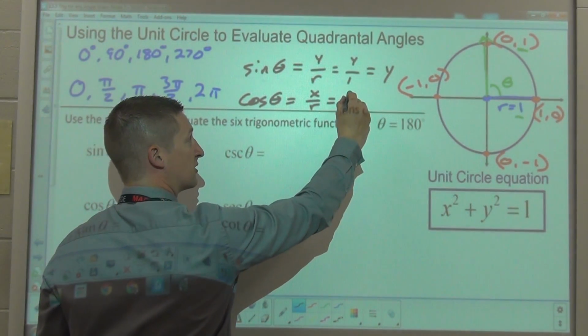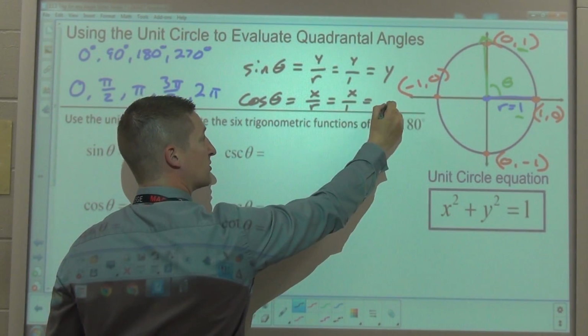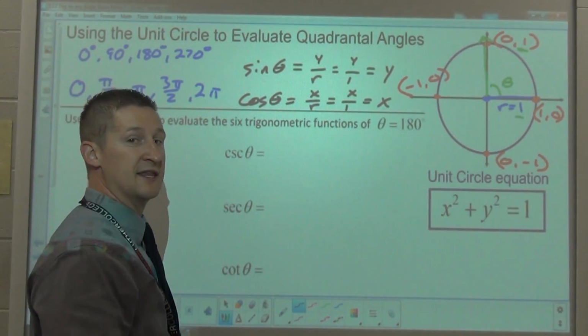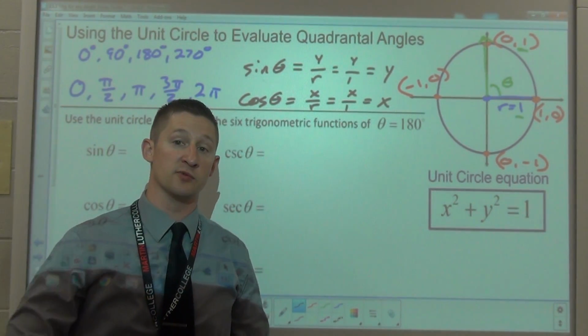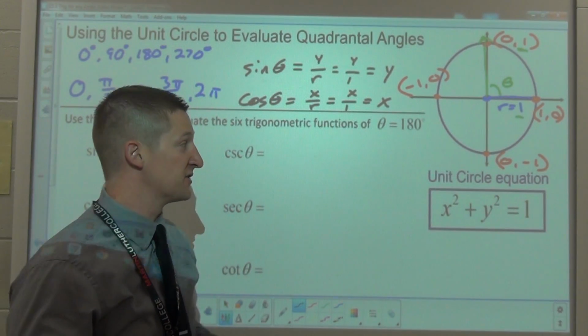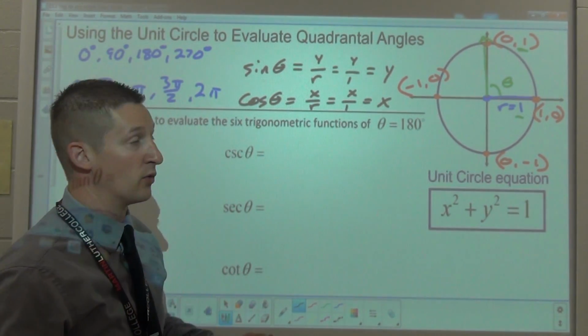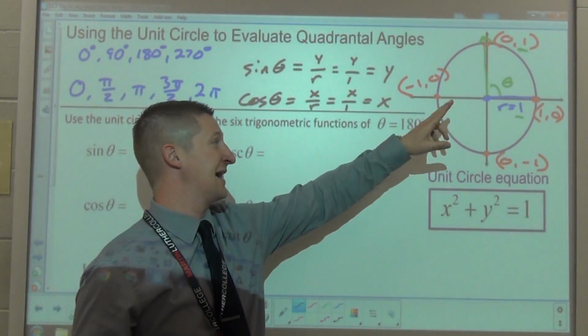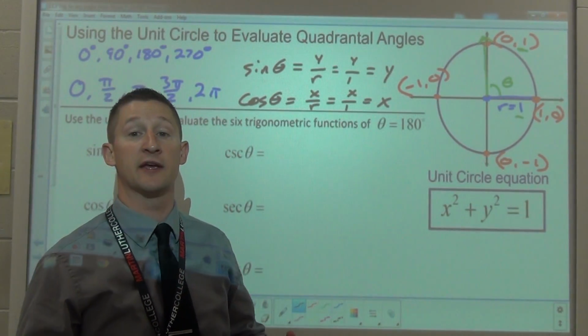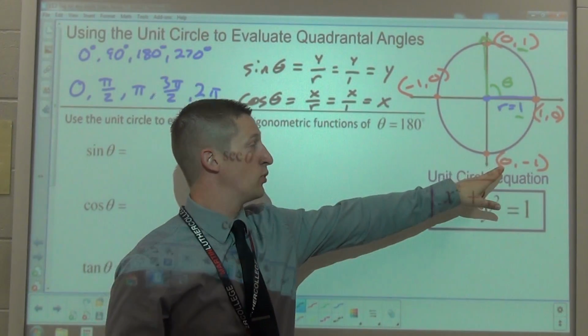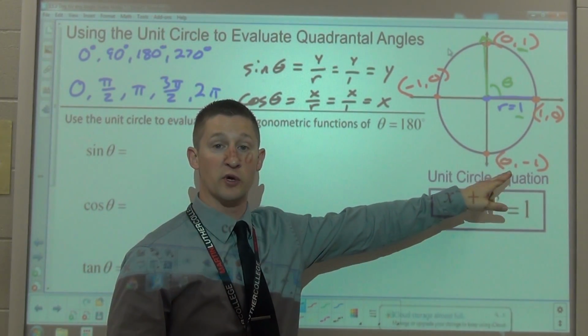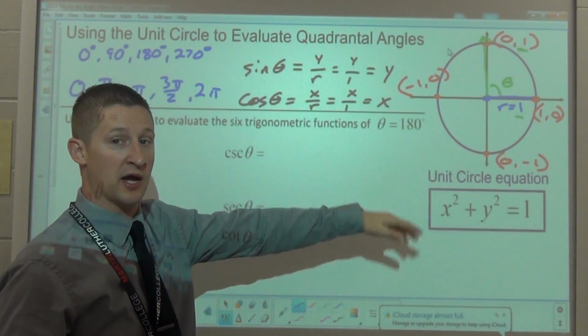If I'm on a unit circle, r is 1, which means the cosine of theta is equal to the x value of the point through which it passes. What that means is that I can find sine, cosine, tangent, and the other three for my quadrantal angles, like 90, 180, 270, etc., if I can think about the point on the unit circle through which the terminal side of that angle might pass.